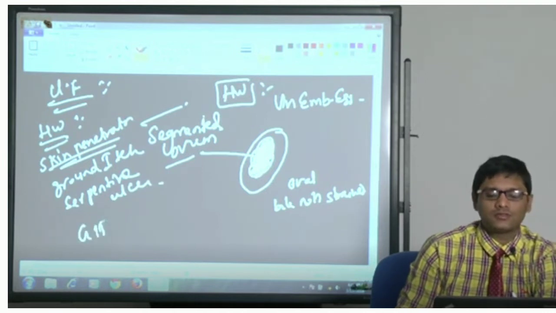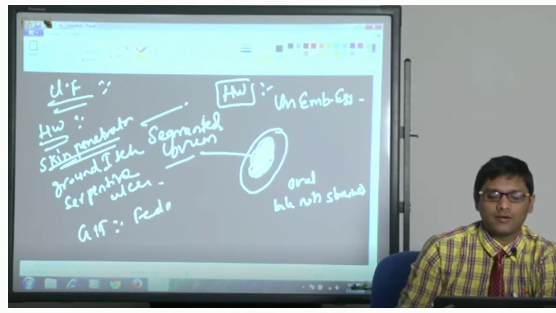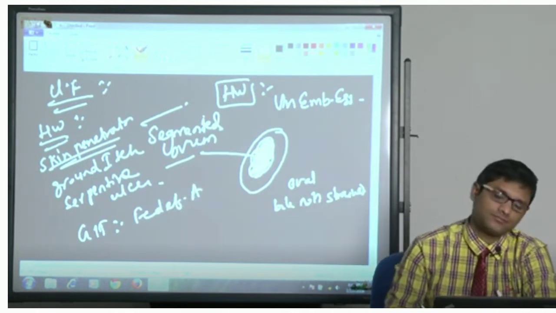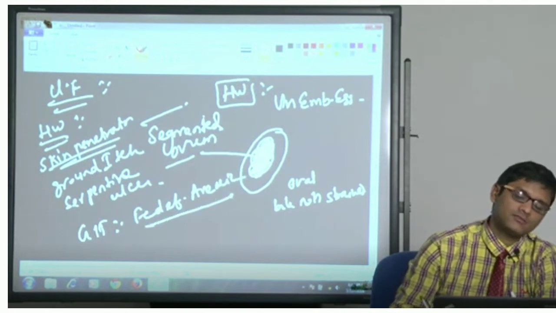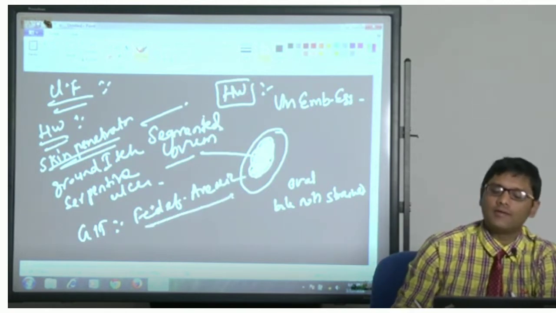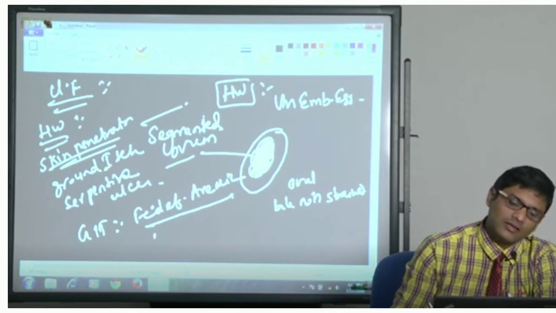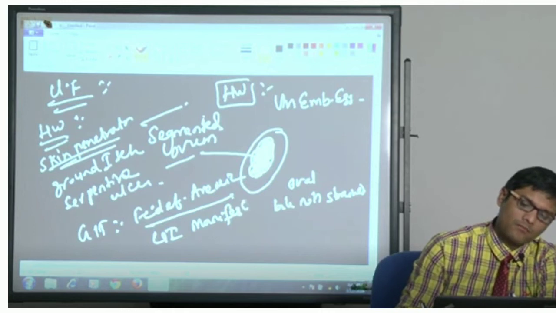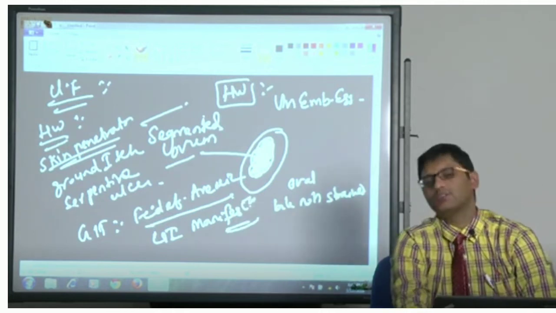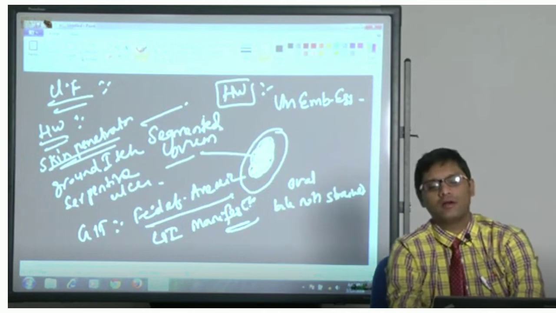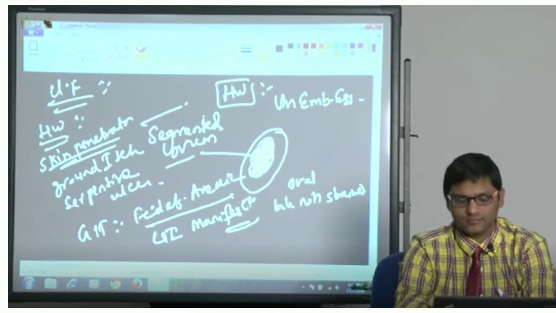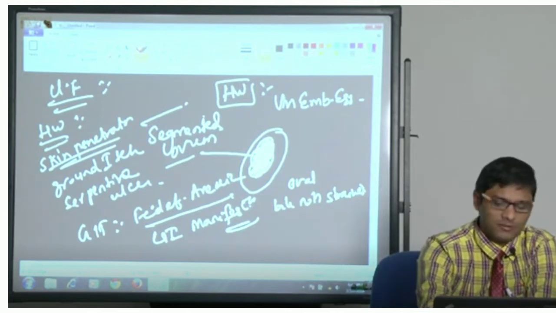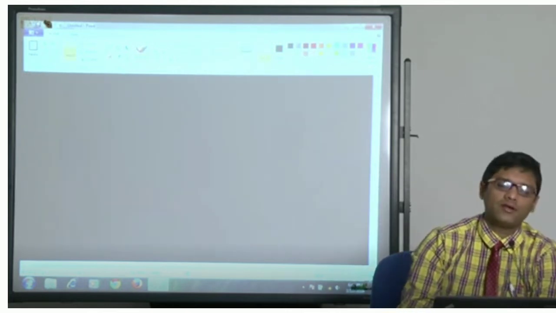Whereas in the GI tract, of course, iron deficiency anemia, because it sucks blood from the intestine, as well as other GI manifestations. Non-specific manifestations also will be there, but iron deficiency anemia is the specific manifestation. Fine. So this is all about hookworm and strongyloidiasis.